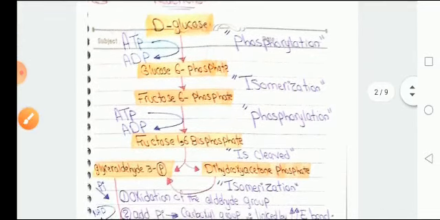Then, glucose 6-phosphate is isomerized to fructose 6-phosphate, which will be further phosphorylated to fructose 1,6-bisphosphate, and again I need a phosphate group, leading to production of the second ADP and the second loss of ATP.